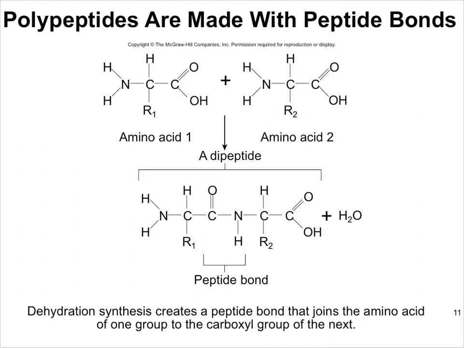Protein polymers are hooked together with what's called a peptide bond. And peptide bonds are formed through dehydration synthesis. So this OH here, and this H here, are what are going to leave through dehydration and become H2O. So they leave together, become H2O.